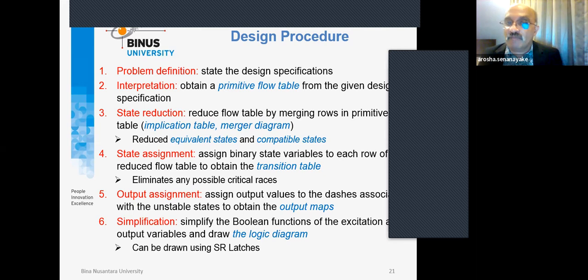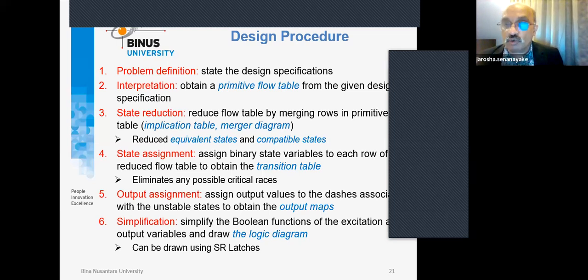Then we assign binary state variables to each row of the reduced flow table to obtain the transition table. Then output assignment: assign output values to the dashes associated with the unstable states to obtain the output maps.